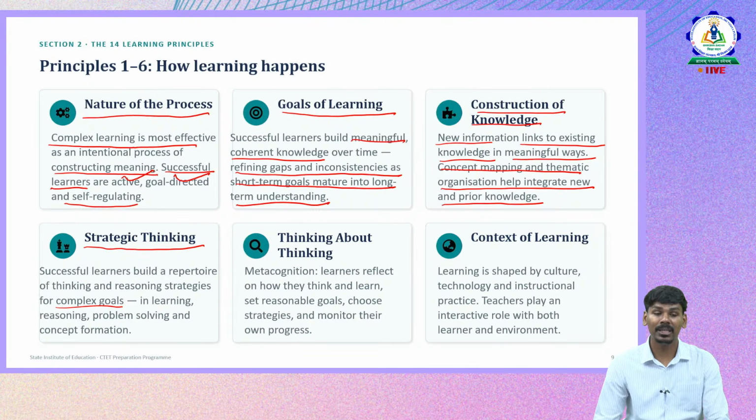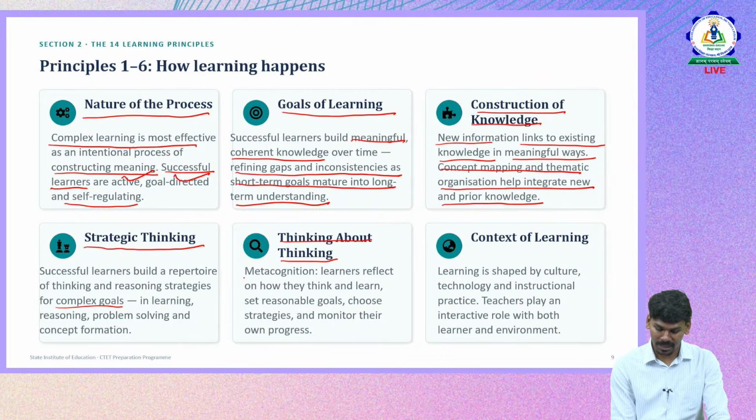Strategic thinking should be built, and successful learners build a repertoire of thinking and reasoning strategies for complex goals. These thinking and reasoning strategies have to be encouraged, and students should be taught how to reason appropriately, and what the different strategies of thinking and reasoning are that can benefit them in acquiring knowledge so that effective learning can happen.